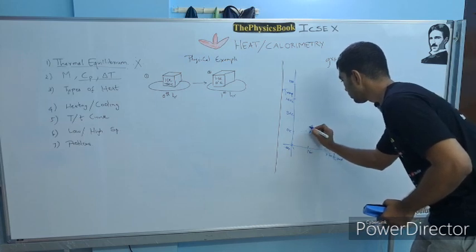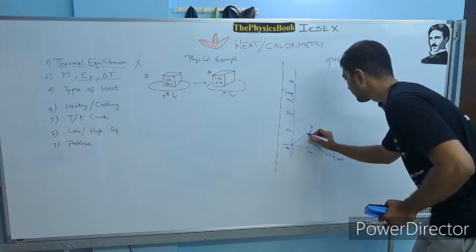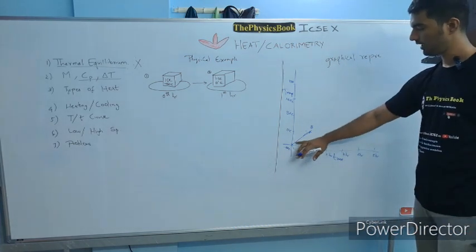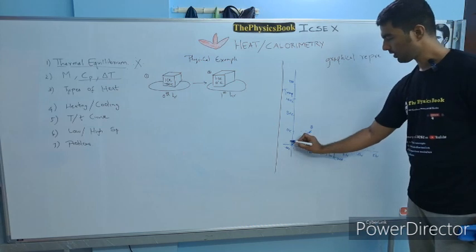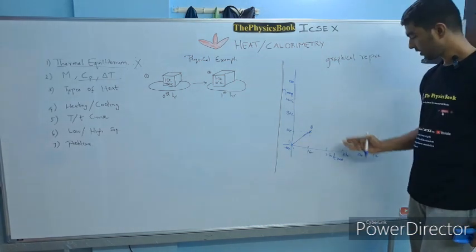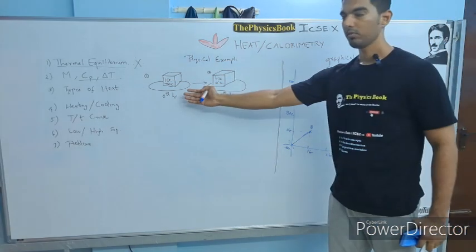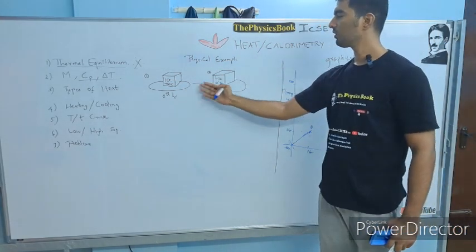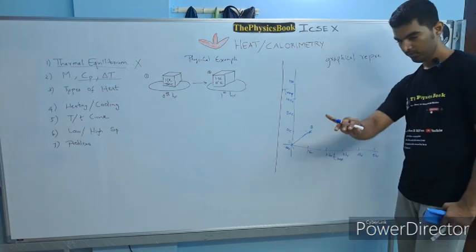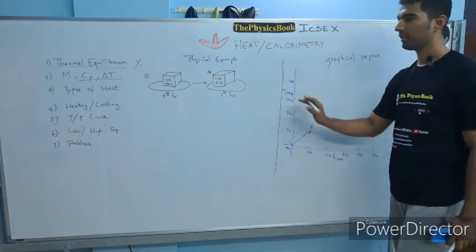So this is your state 2 and you can connect this like this. Okay. So this is a linear line joining point 1 and 2. So this will represent the temperature time curve of ice, which is transitioning from minus 50 degrees Celsius to 0 degrees Celsius.